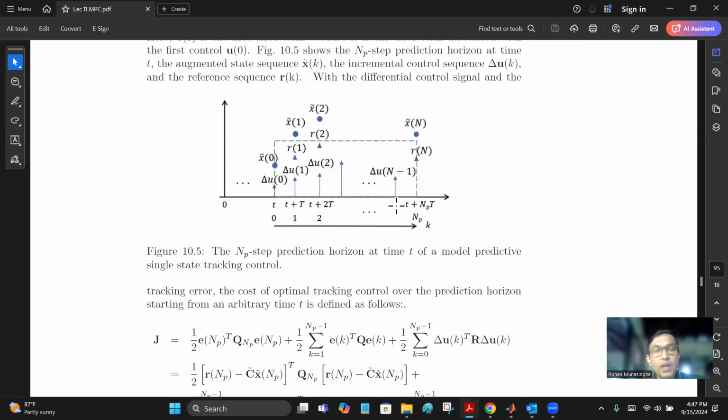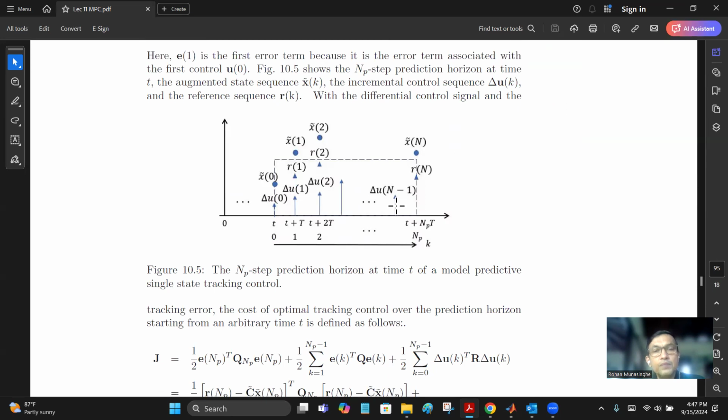Now you can see how the tracking model predictive controller works at any given time t. We have the prediction horizon of NP steps. You can see the rectangle over here, this is the prediction horizon. Then you do the optimization for the transformed system, so it is x tilde 0, x tilde 1, x tilde 2, up to x tilde n.